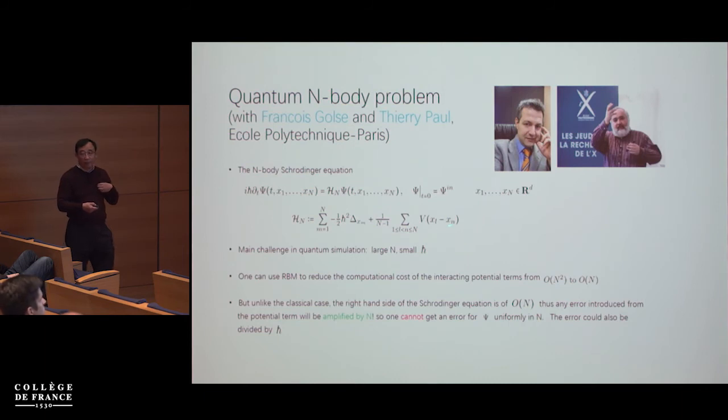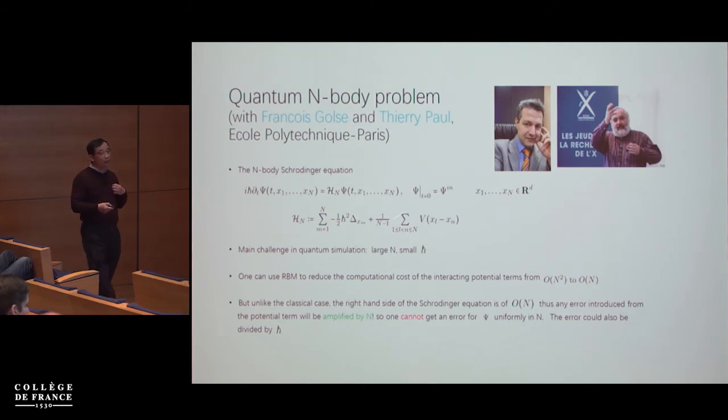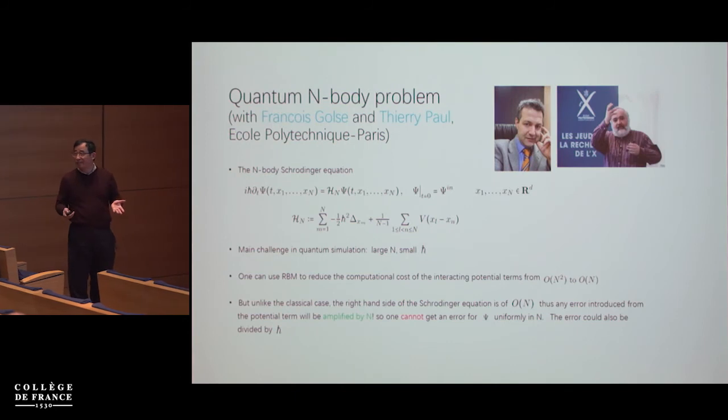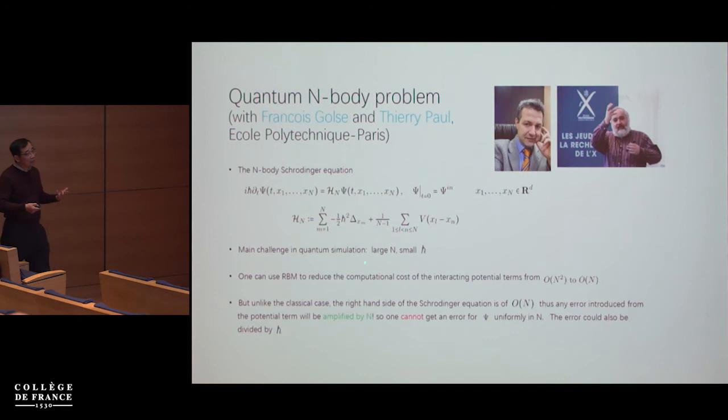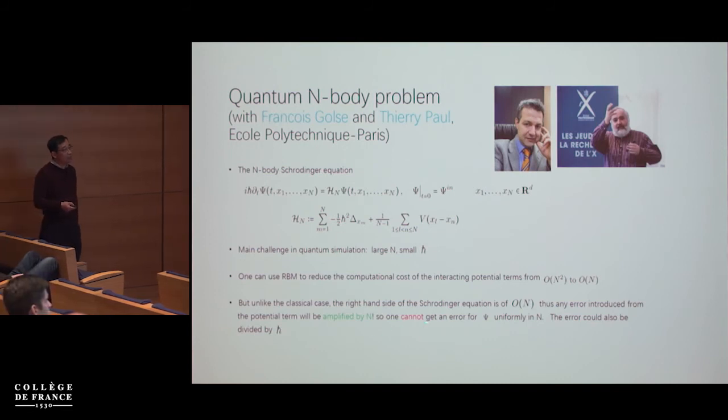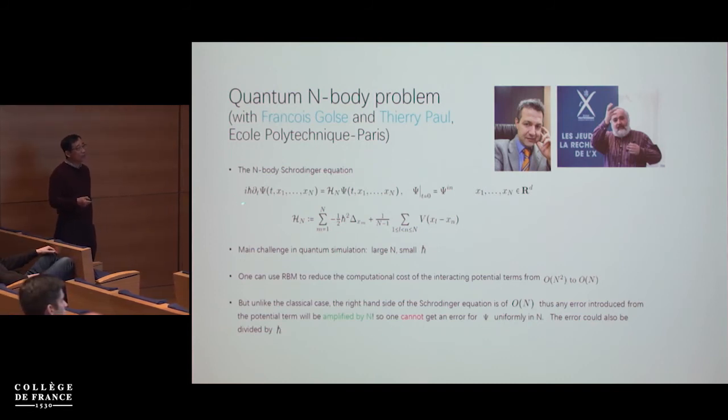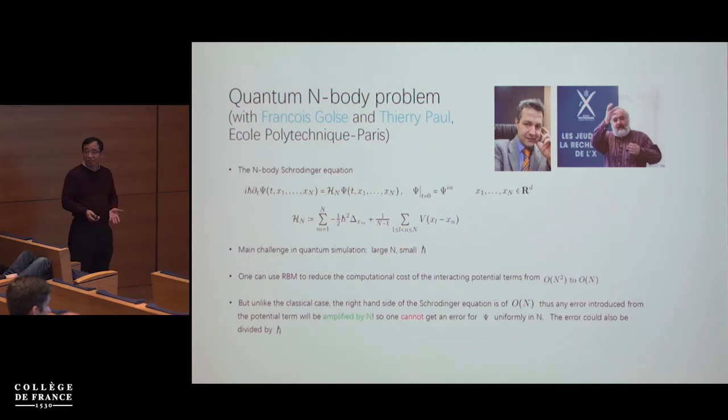If you make an error for each term, the error will be amplified by order n. Because this is an order n operator. So if you do a crude error analysis, you get an error multiplied by n, and also you have this h bar in front of the time derivative. So the error is multiplied by n divided by h bar. It cannot be worse than that. This large parameter appears in the worst place. Whatever error you make is amplified by n and divided by h bar. So it looks terrible.